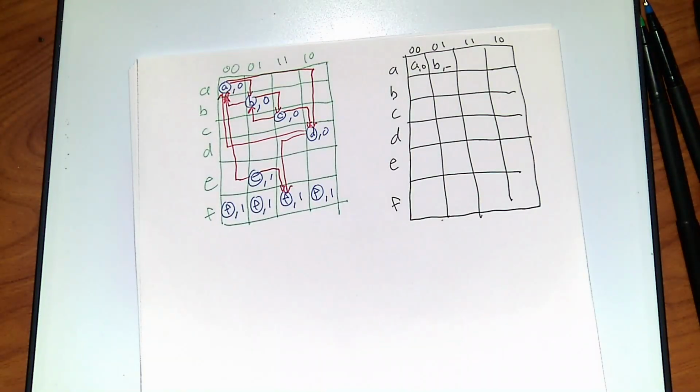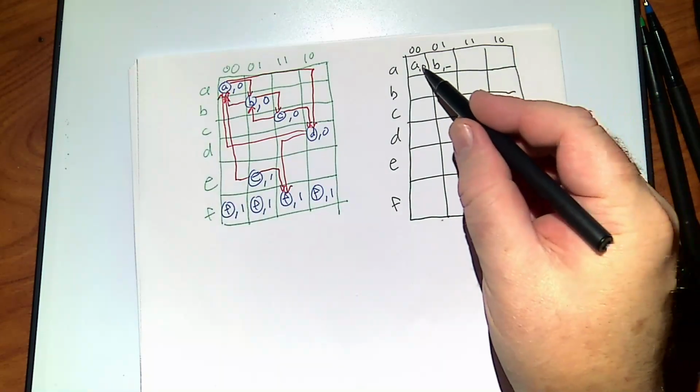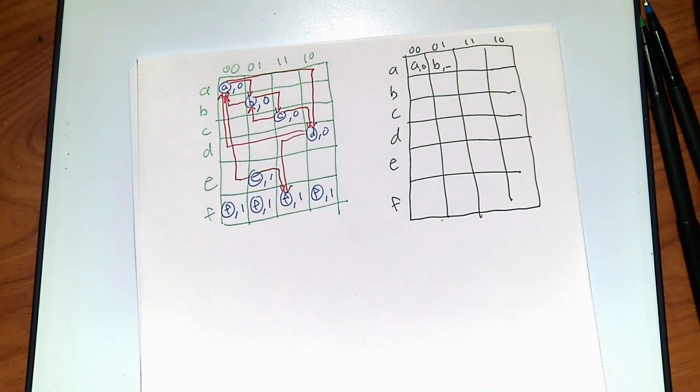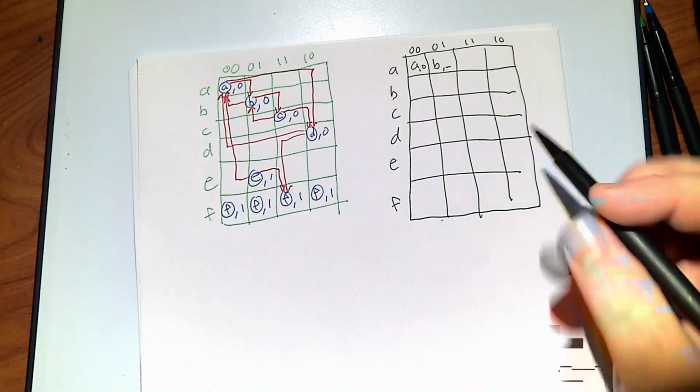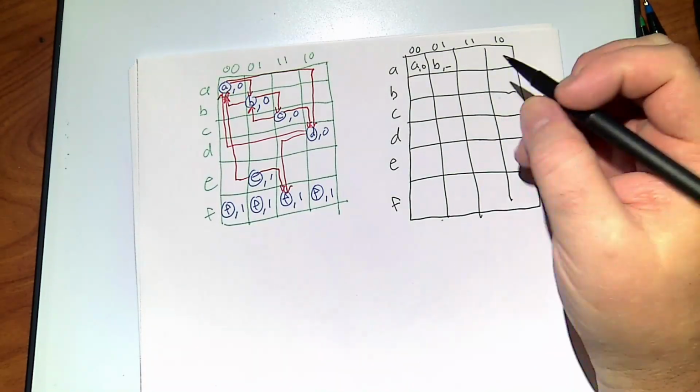It just reminds me I don't care what the output is. I'm transitioning between the two. Pick it to make your life easy. Unless there's a specific requirement, in which case I have something labeled on the arrow, I don't have to worry about it too much. I could decide to pick this to be 0 to try to force a more stable machine. In this case, maybe that will make sense.